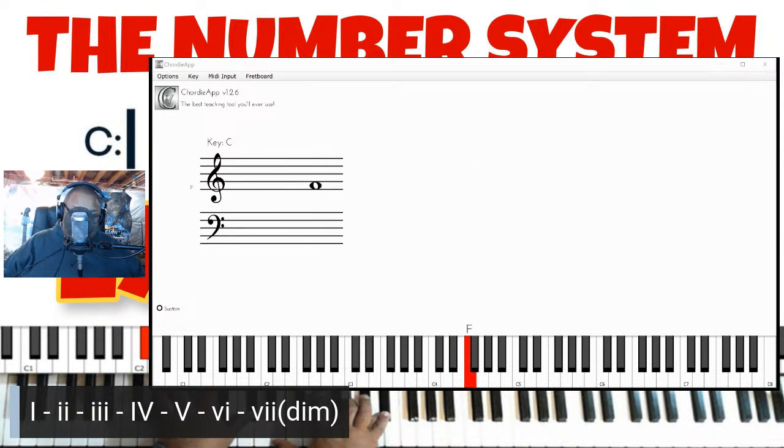So in the key of F, 1, 2, 3, 4. So B flat is your 4. So in the key of F, your 4 would be a B flat major chord, because your 4 typically is played as a major chord. Okay, so that's in the key of F. And then in the key of A flat, that's the other key we've been playing around in, again, you got to know your A flat scale.